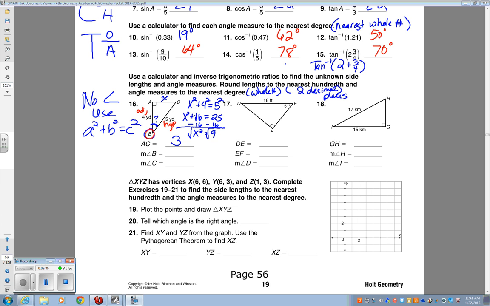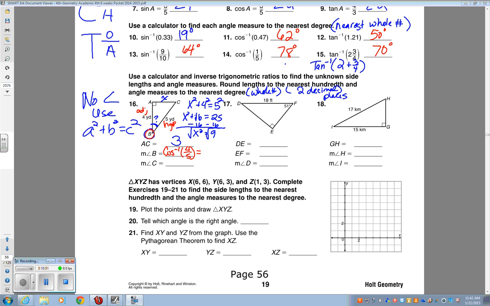Cosine. Now, because we're trying to find the angle, this is when you do the inverse. So I'm going to write cosine inverse, and I'm going to do adjacent over hypotenuse, which would be 4 over 5. This is what you have to put in the calculator. This is why it says you're going to have to use your calculator to find that angle measure.